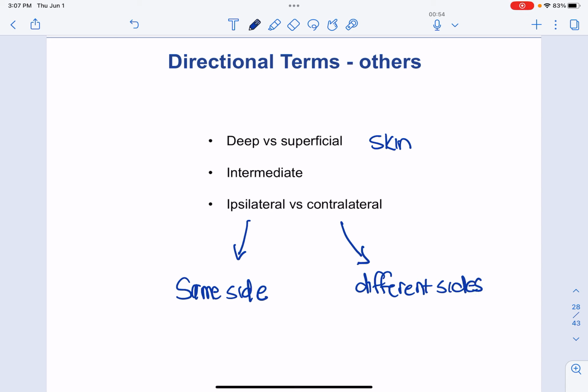So the left arm and the left leg are ipsilateral, right? And the left arm and the right arm are contralateral. We usually use these terms in the nervous system more than anywhere else, but I'm going to introduce them now to you as well. So again, the right thumb and the right index finger are ipsilateral.